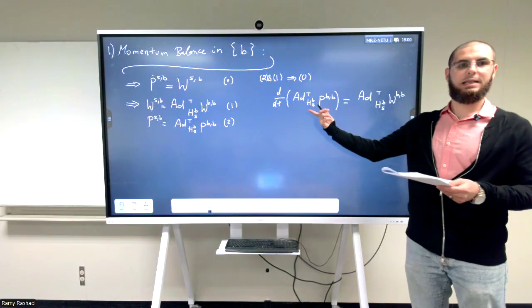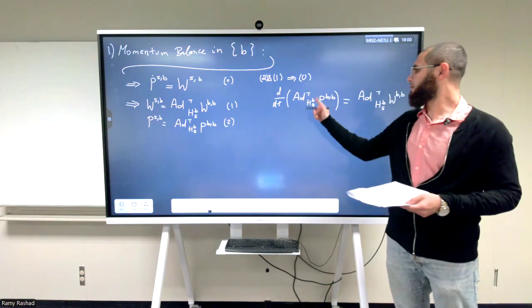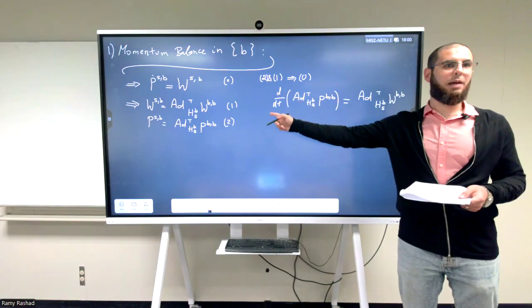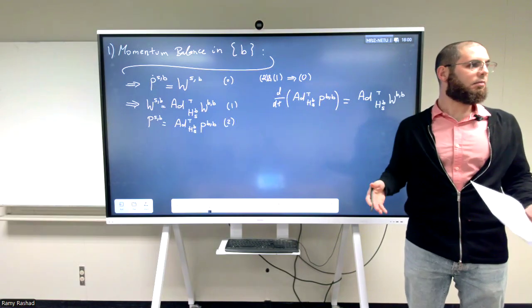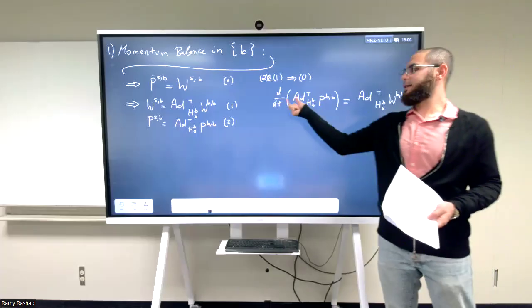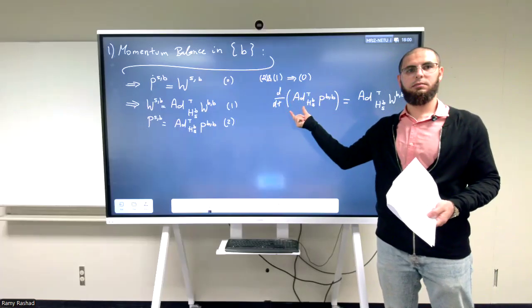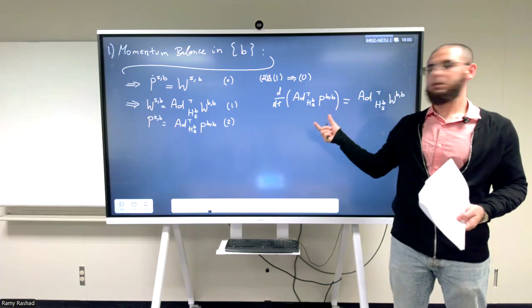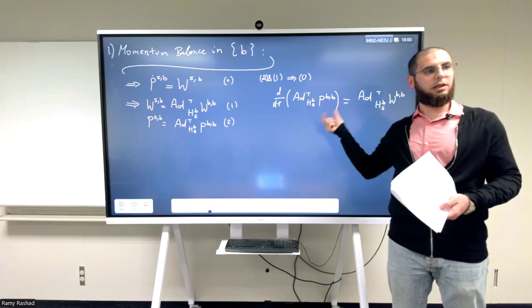Now this expression itself is a matrix multiplied by a vector, and I'm taking the time derivative. How can you expand this? By Leibniz rule. I take the time derivative of the first multiplied by the second, plus the first multiplied by the time derivative of the second.